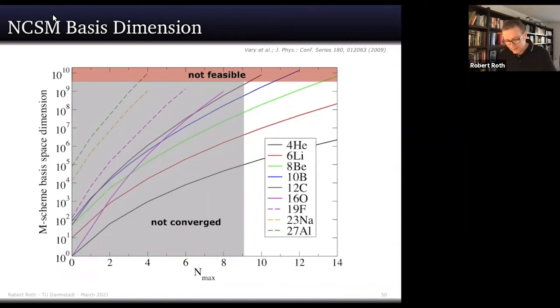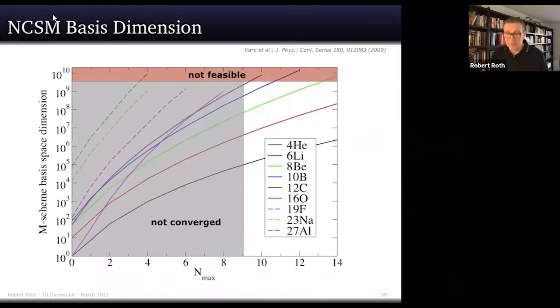Now all these lines in this plot indicate how the basis dimension, the matrix size, behaves as a function of Nmax. For light nuclei like helium-4, this is the black line here, that's still okay. If you go to something like boron-10, a typical mid-p-shell nucleus, then you have this blue line here, which is much steeper, and you see that you are already touching this danger zone, the red zone up here, and you just about make it into this white area where you can still do a meaningful calculation at Nmax 10.